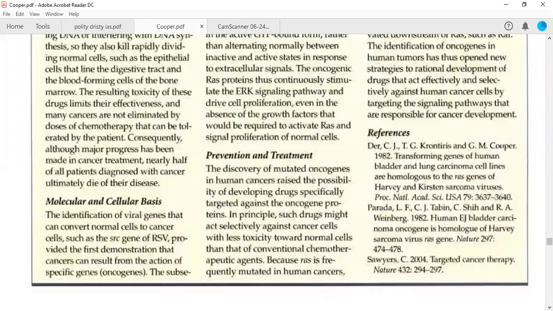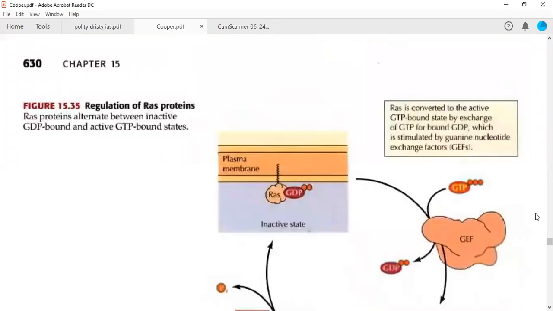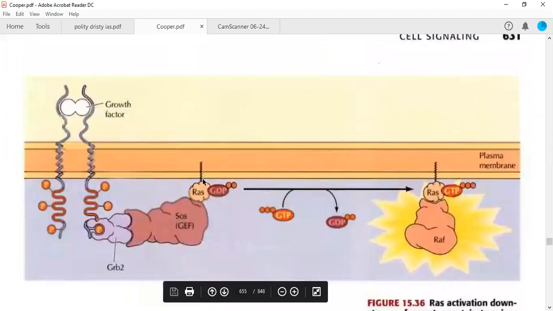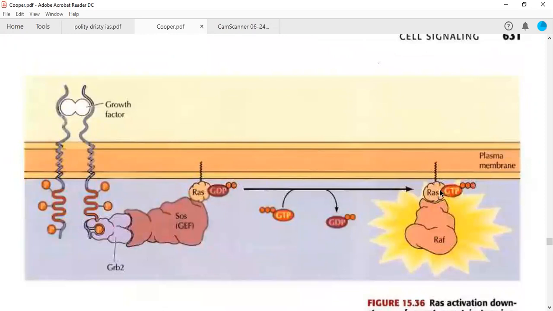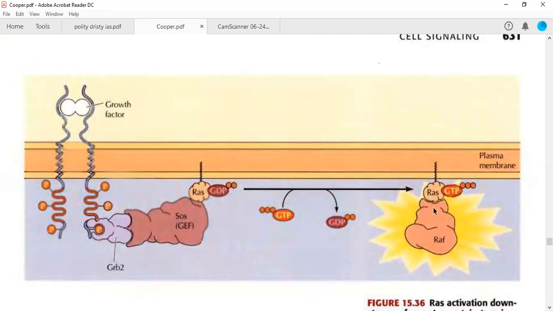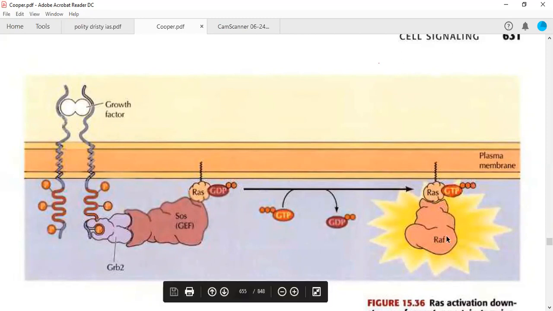So if you remember, Shreya, once this RAS is bound with GTP, only then is it activated. And once it is activated, it will activate the downstream protein called RAF. So it will interact with RAF and also activate this particular kinase.